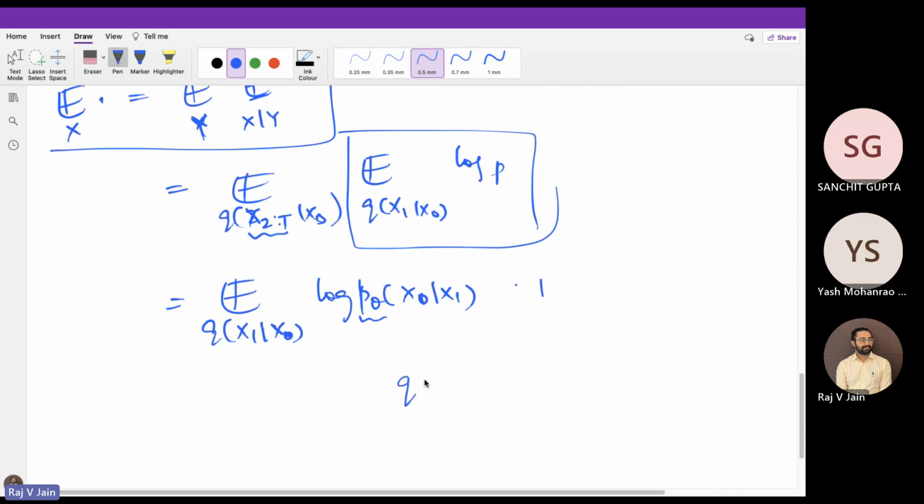We don't know the distribution of p of x naught, and we don't need it, by the way, because I just want the conditional on x naught. Hence we came to this: we said xt given xt minus 1. Throughout the whole discussion we never came to q of x naught anywhere. It was always the whole distribution x1 to T given x naught, which we know.